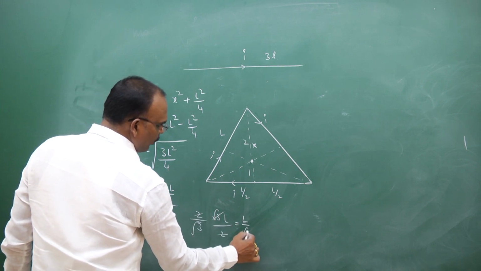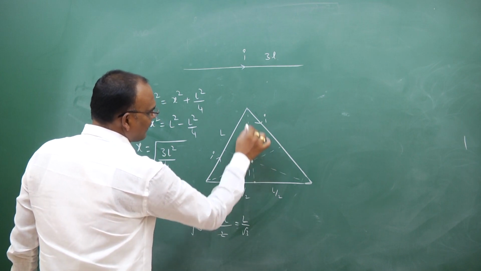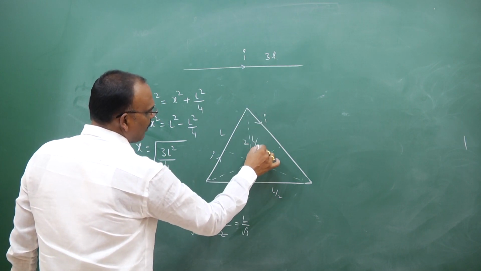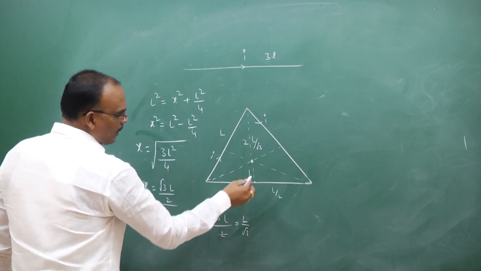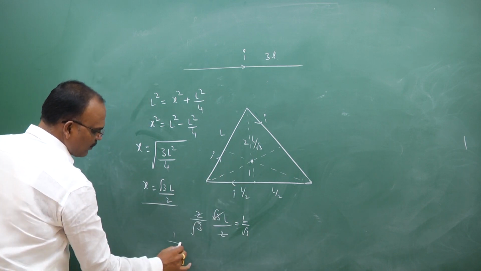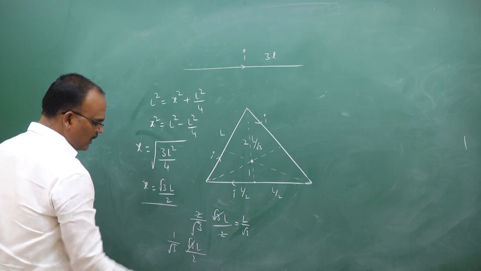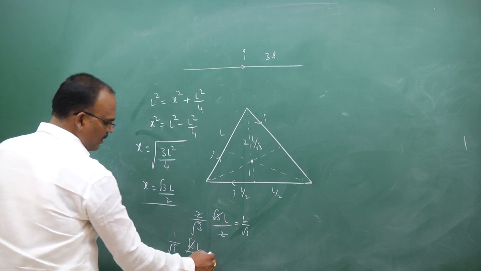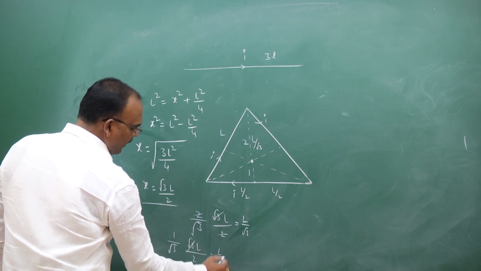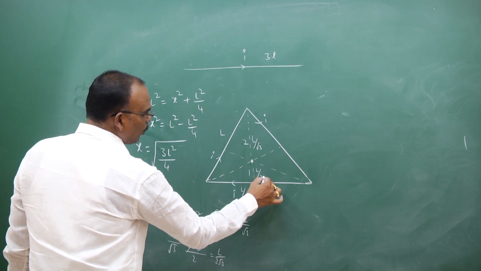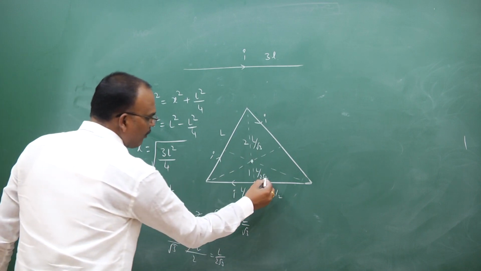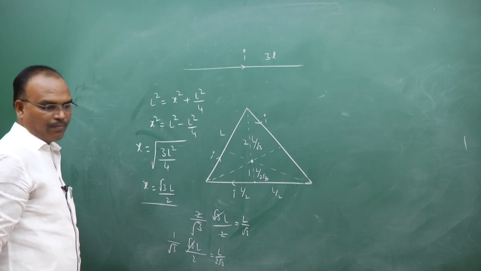So it is L by root 3. This portion of the distance is L by root 3. Okay, this one portion is how much? 1 by 3 into root 3L by 2. The 3 cancels, root 3 cancels, 3 by root 3 times. So the answer is L by 2 root 3. So this is L by 2 root 3. These things are very, very important, you should remember.